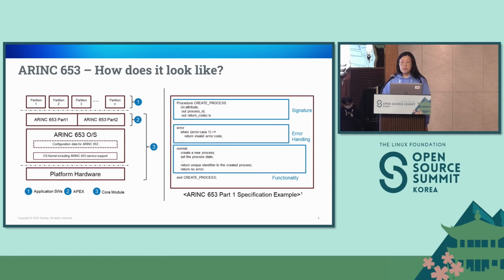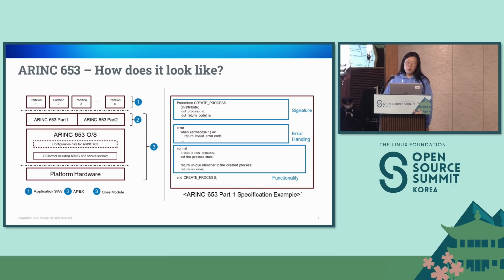It assumes the partitioning exists, and as you can see at number 2, the APEX main task is to define the API layer and associated behavior. To define APEX, it collaborates with operating system level functionality like scheduling, exception handling, and health monitoring.